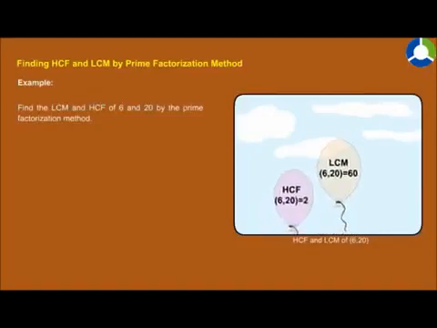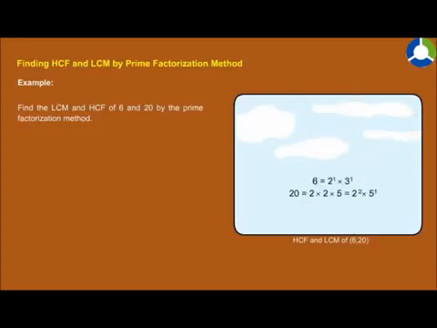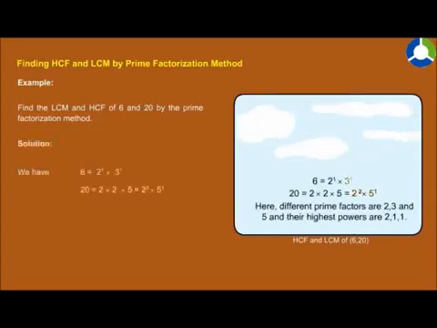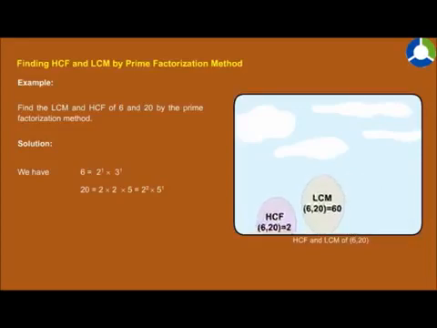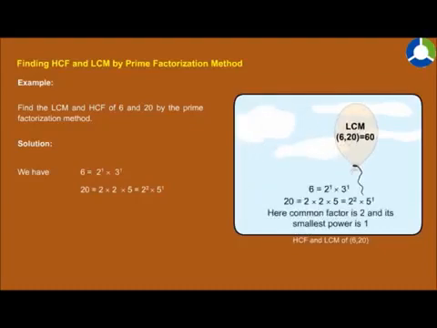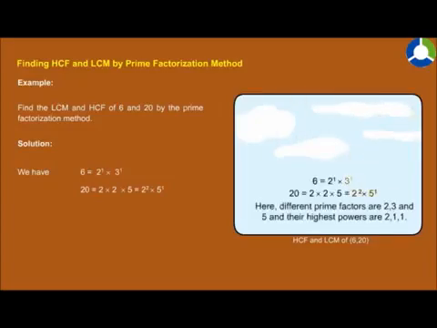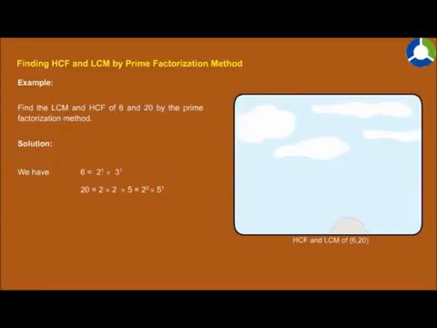Example: find the LCM and HCF of 6 and 20 by the prime factorization method. Solution: we have 6 = 2^1 × 3^1, and 20 = 2 × 2 × 5 = 2^2 × 5^1.